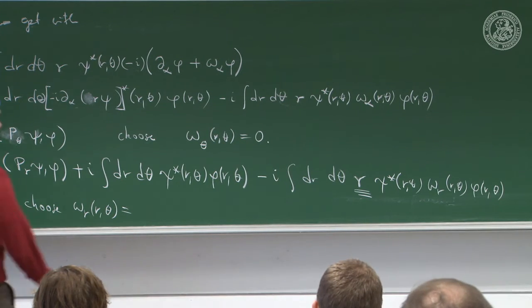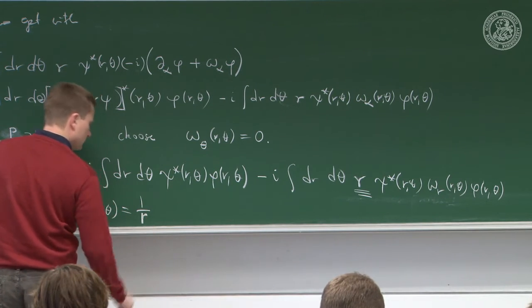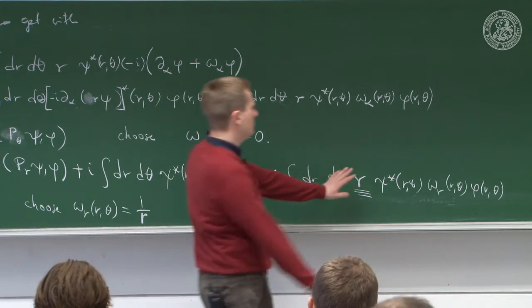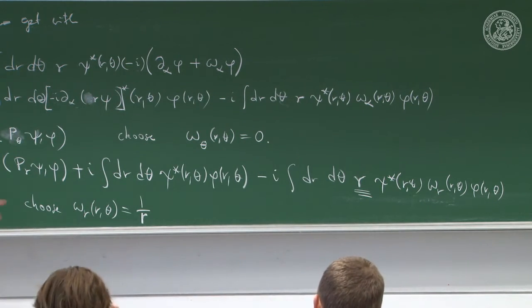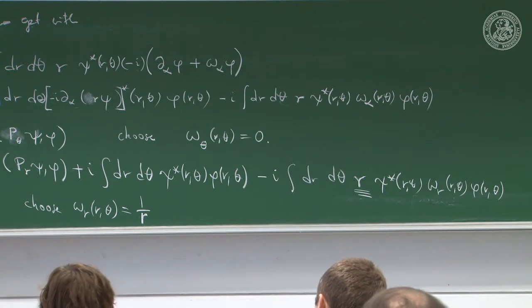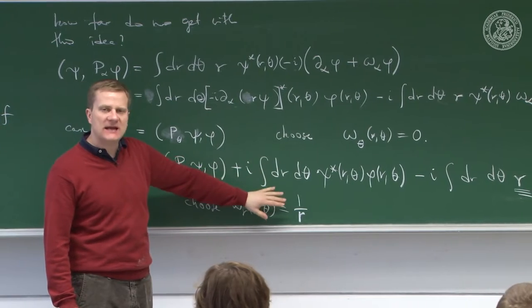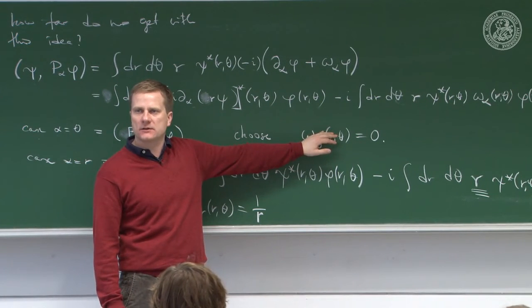One over r, or not? So omega is 1 over r, then this r goes, and these two integrals are the same, correct? Well, the same up to a sign, and hence cancel. Okay. Aha. So by a modified definition of this p, we achieved to get rid of the extra term in both cases by choosing the omega appropriately.